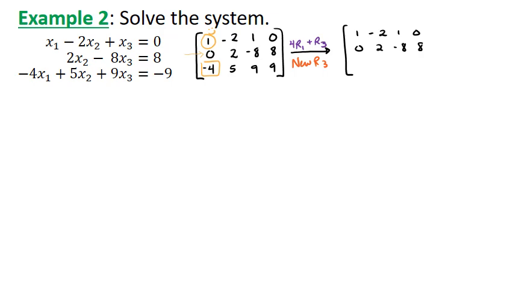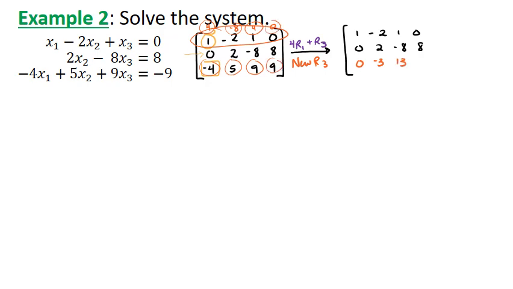So I'm going to multiply the first row by 4. So this will become 4, -8, 4, and 0. And I'm going to add that to row 3. 4 plus -4 is 0. -8 plus 5 is -3. 4 plus 9 is 13.